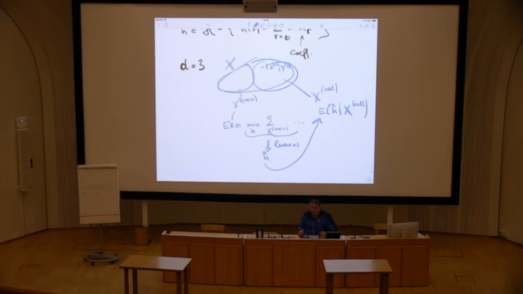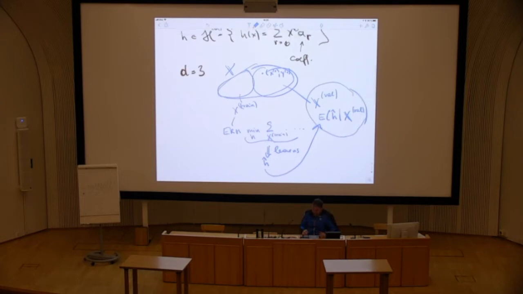Yes? Does it make sense to decide on one degree and then train the model, or the hypothesis, and then decide for the degree according to the validation set? So the question was, can we then use this validation error to optimize the degree? Yes, exactly. That's what we do then.